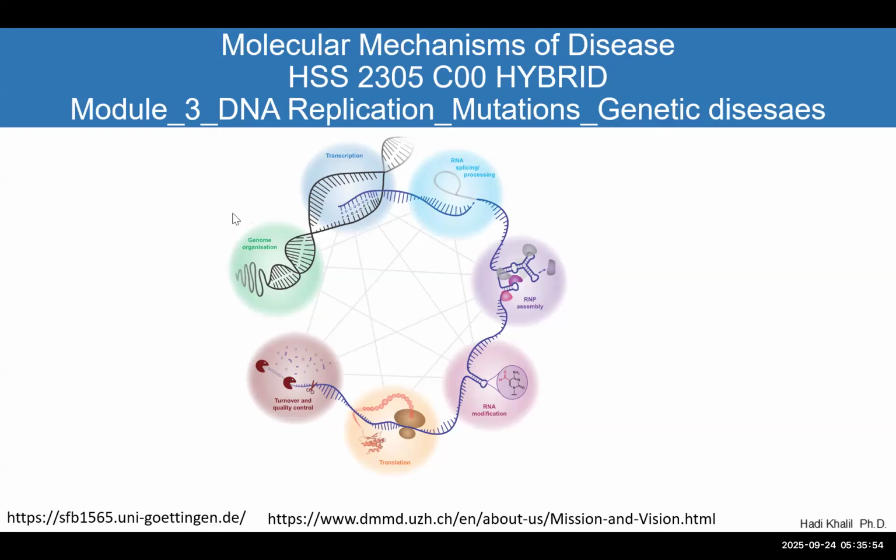Today, we will go through the genetic material replication, the DNA replication. We will discuss a bit about mutations and how these mutations could lead to certain diseases. And we will briefly discuss genetic diseases. So now we will step back and ask, what are the diseases?